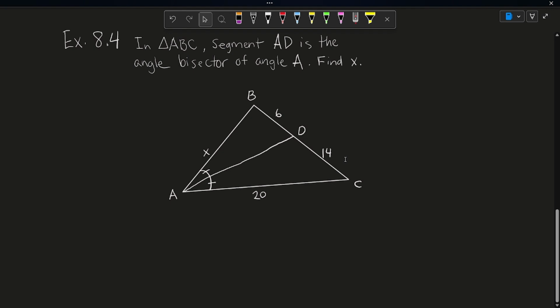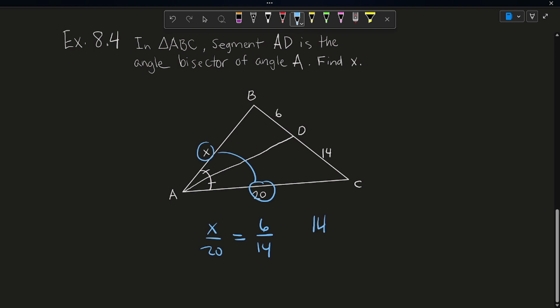Same story here in example 8.4. In triangle ABC, segment AD is the angle bisector. Alright, we've got this angle bisector, we've got all these, we have one variable missing. How do y'all want to set it up? You want to go here to here? Really doesn't matter. So x over 20 is equal to 6 over 14.